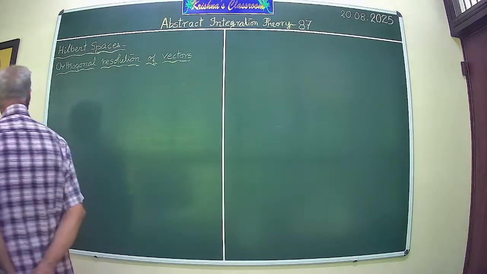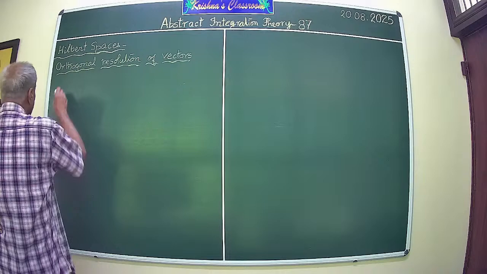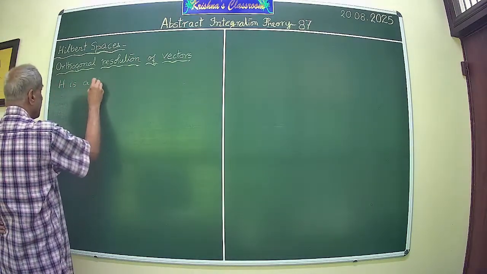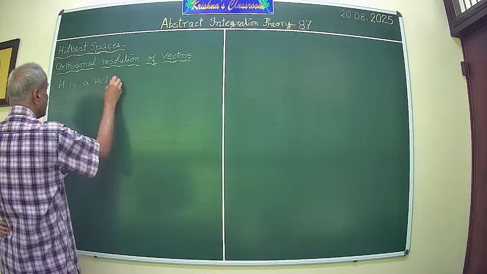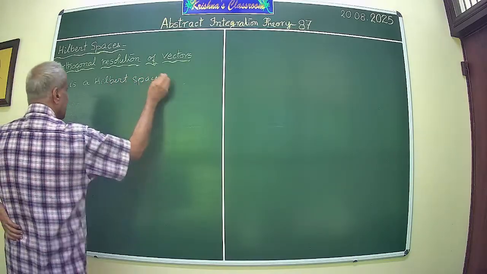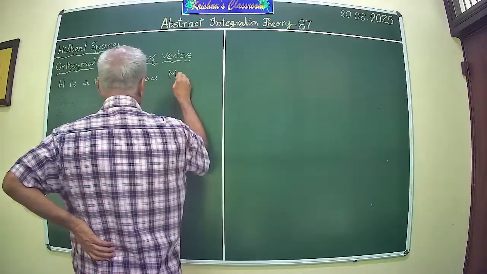So the problem is this: H is a Hilbert space, M is a closed subspace.